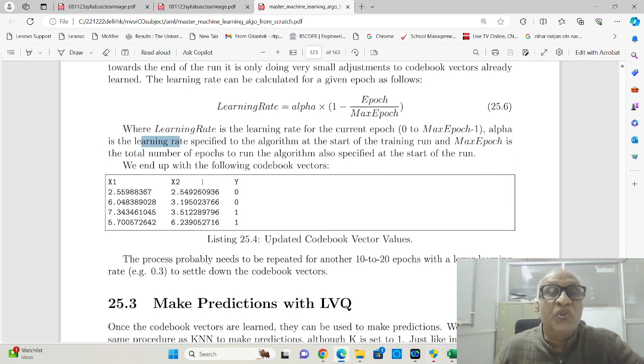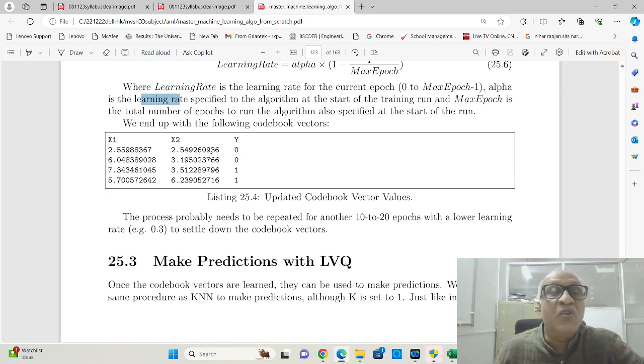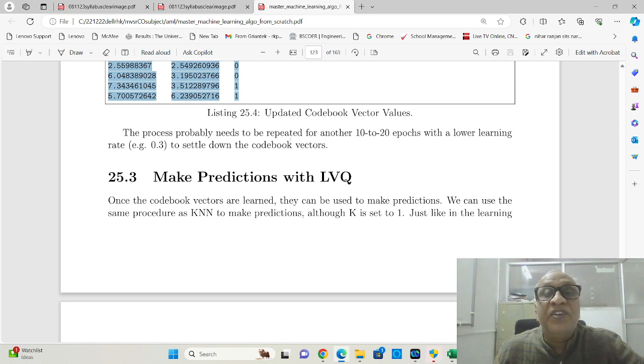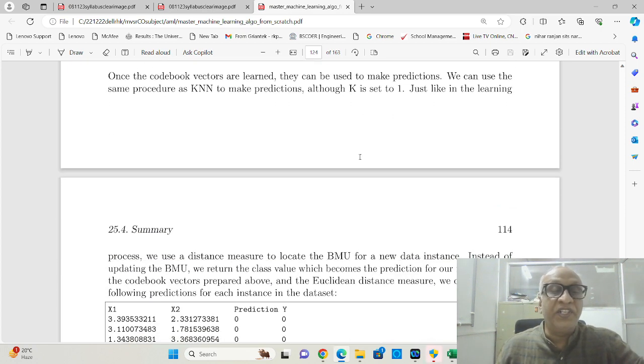This way we come out with the updated codebook vectors. This process will be repeated for maybe another 10 to 20 epochs by reducing the learning rate, so that the codebook vector stabilizes.